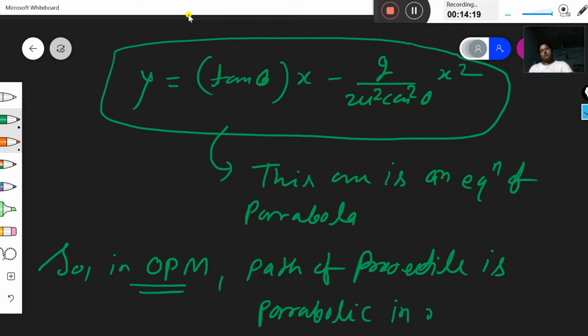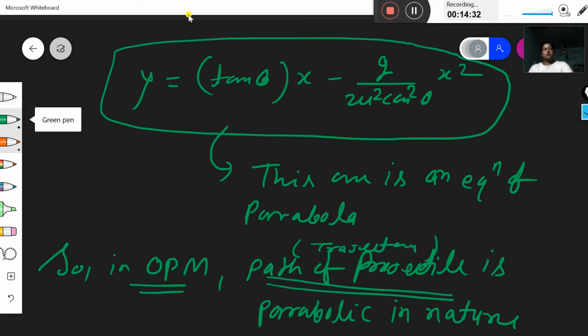Path of the projectile is known as trajectory.